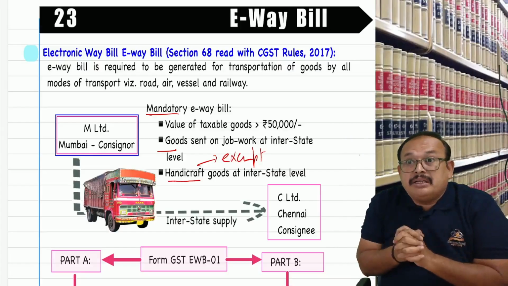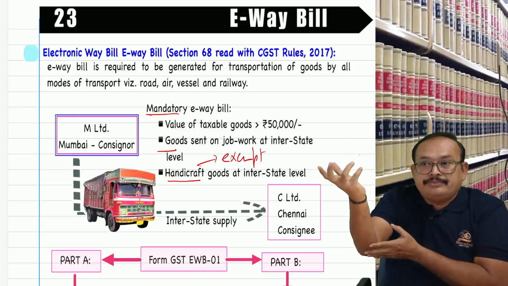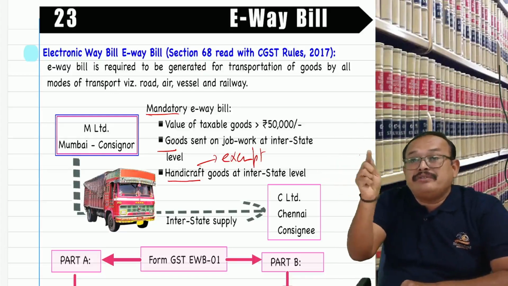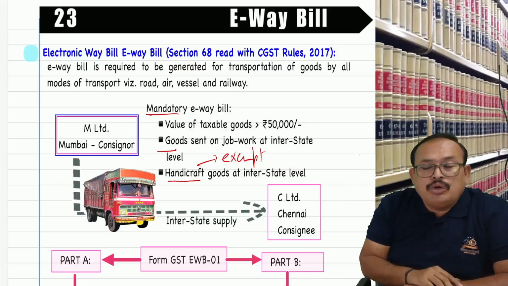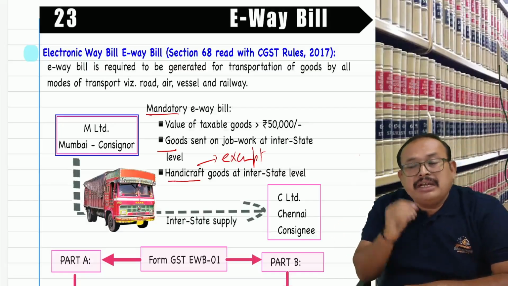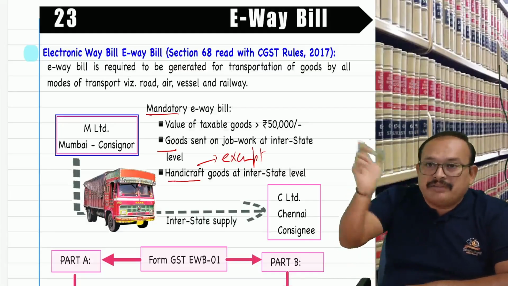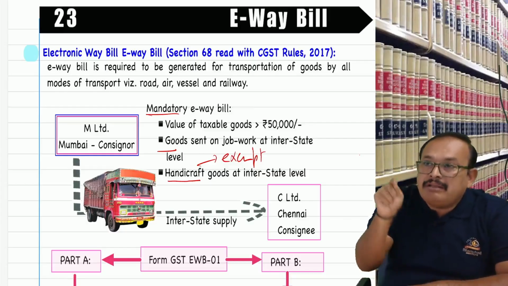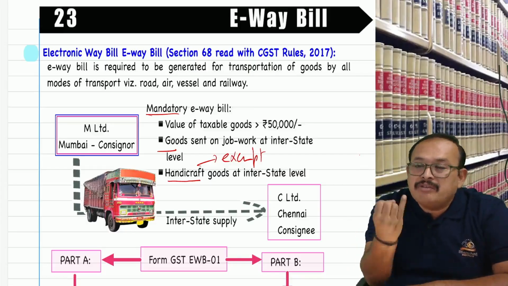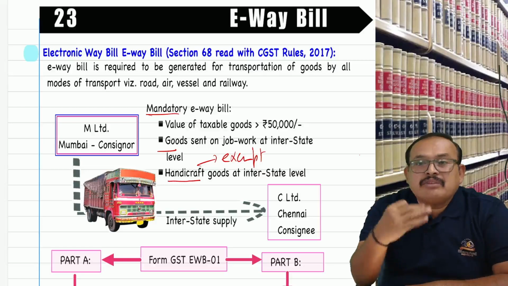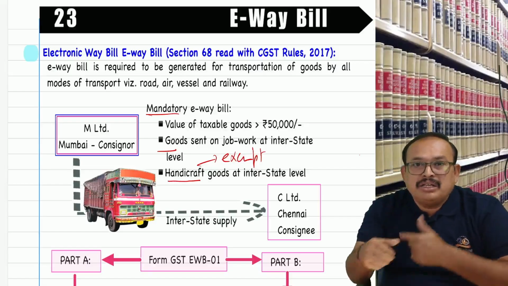Such a person, if he supplies handicraft goods to another state, irrespective of the value of the goods, e-way bill is what? Mandatory. If it is so, the law of the land today says, hey Mr. unregistered person supplying handicraft goods at interstate level, please log in to the GST portal and give your personal information, meaning your name, address, PAN number, Aadhaar number, credentials, mail ID, and registration numbers.